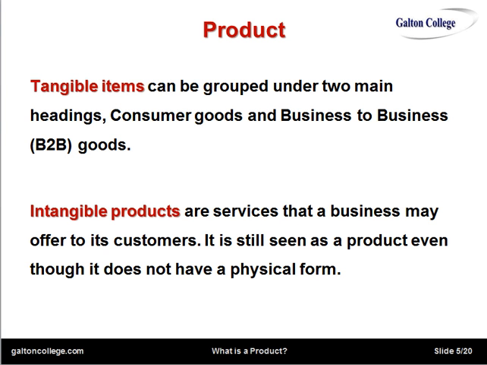There's also B2C, business to customer. There's G to C, government to customer, and G to B, government to business. So it's just an abbreviated form of expressing the type of transaction.